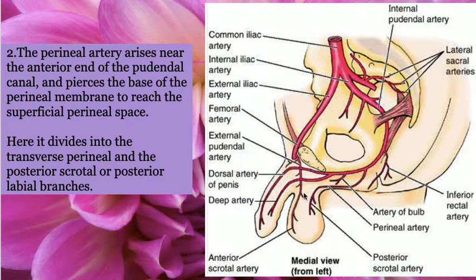The perineal artery, here, arises near the anterior end of the pudendal canal, piercing the base of the perineal membrane to reach the superficial perineal space. Here it divides into the transverse perineal and the posterior scrotal or the posterior labial branches over here.